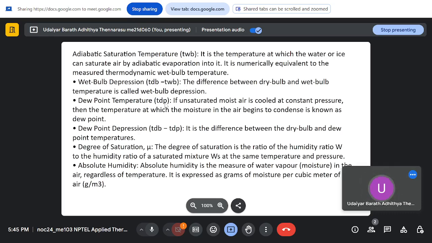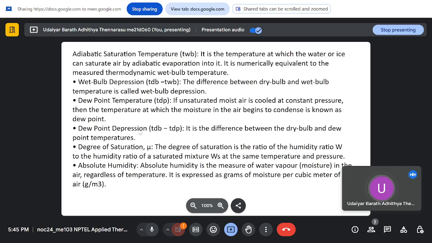Dew point temperature is the temperature at which the moisture in the air begins to condense if unsaturated moist air is cooled at constant pressure. That is basically the saturation temperature corresponding to the vapor pressure of the air. Dew point depression is the difference between the dry bulb and dew point temperatures.